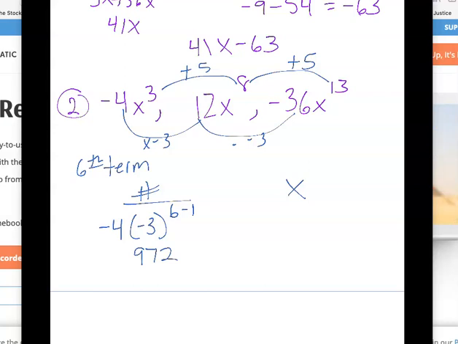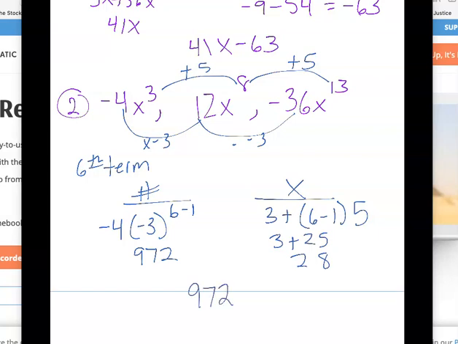And our x's, we start at 3, and we're adding 5. So 6 minus 1, we have to add it 5 times. So this would be 3 plus 25 is 28. So it would be 972 x to the 28th.